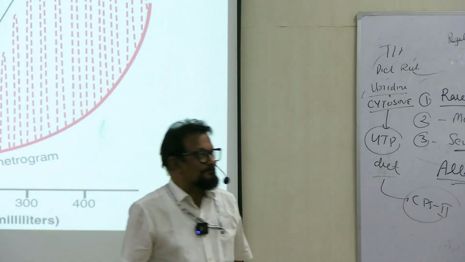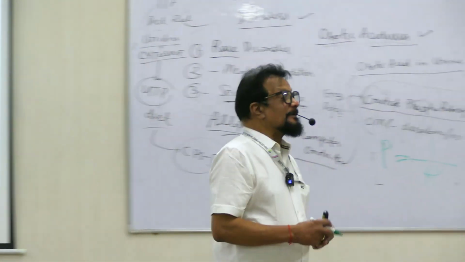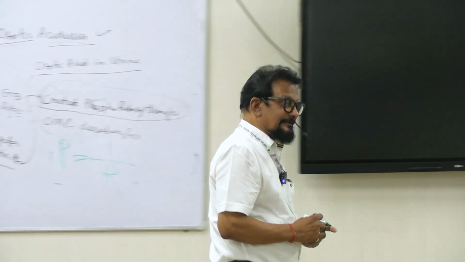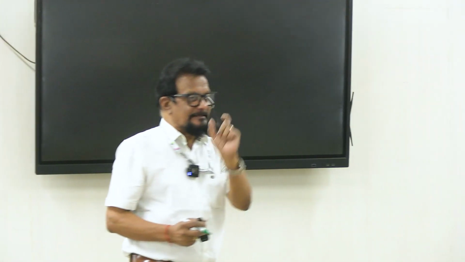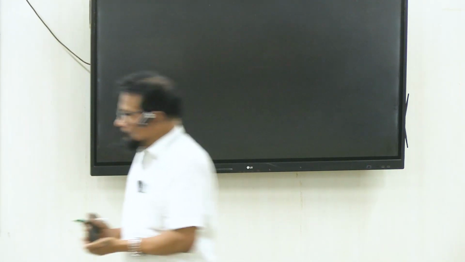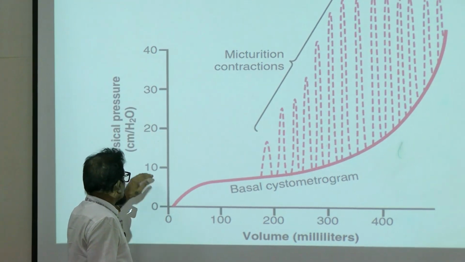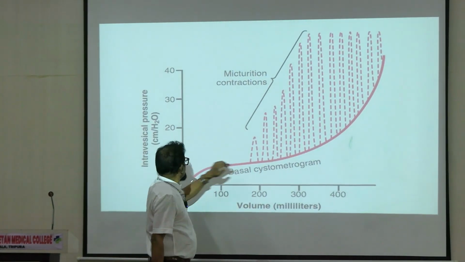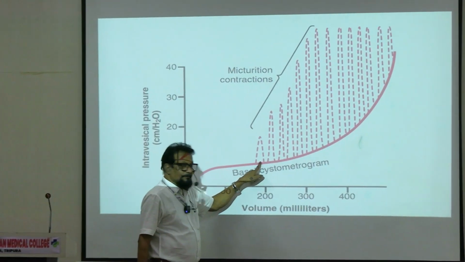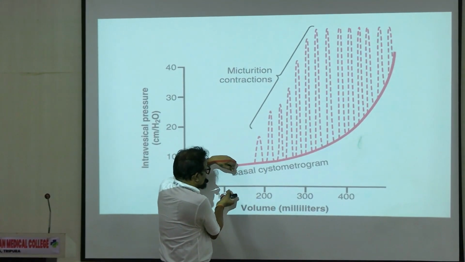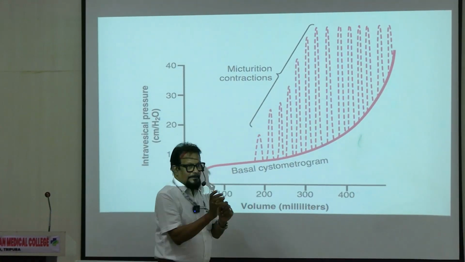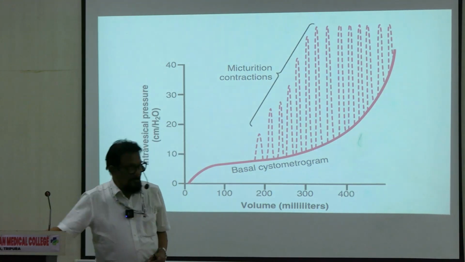So a question may come. An explanatory type of question, isn't it? One explanatory type of question you can expect from here. This is the volume, the pressure within this. So what happened? Some amount of urine has entered into the bladder.